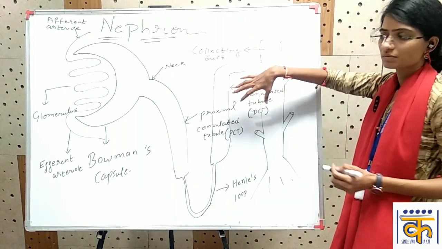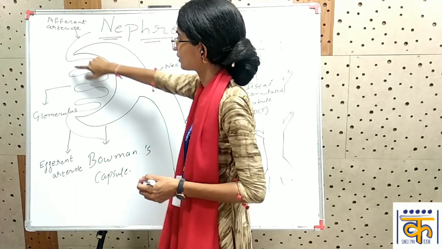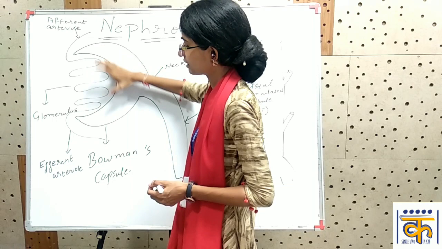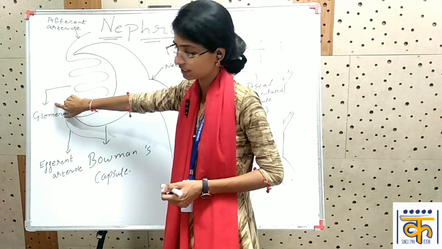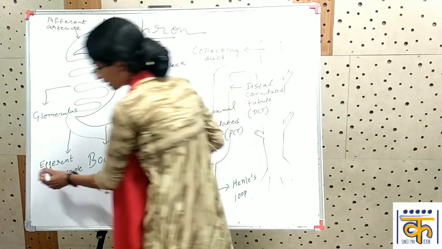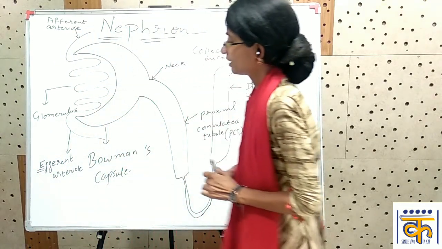Let's first discuss this much once again. The afferent arteriole will be entering, forming a bunch of capillaries within the Bowman's capsule, which is known as glomerulus. It will be coming out in the form of efferent arteriole. You can remember E for exit, E for efferent.